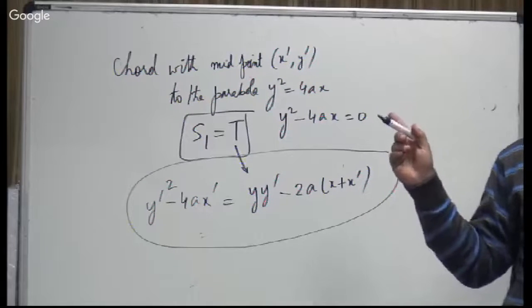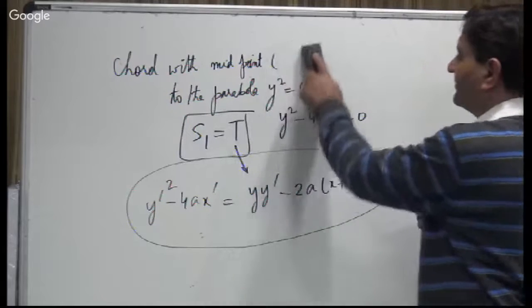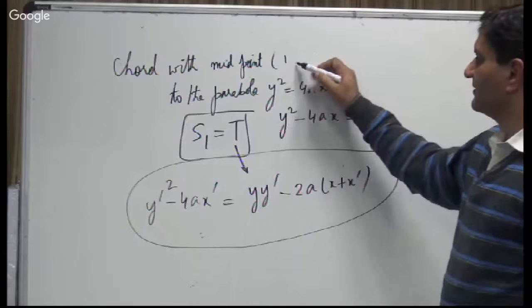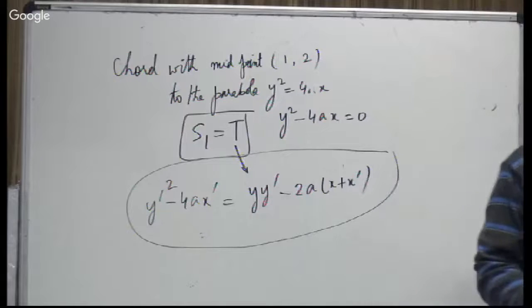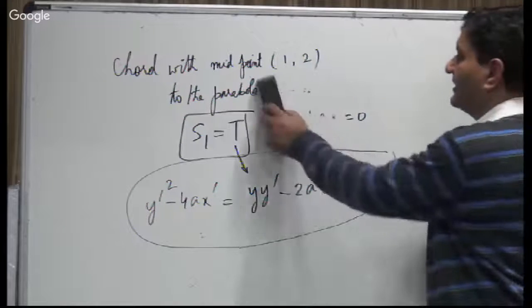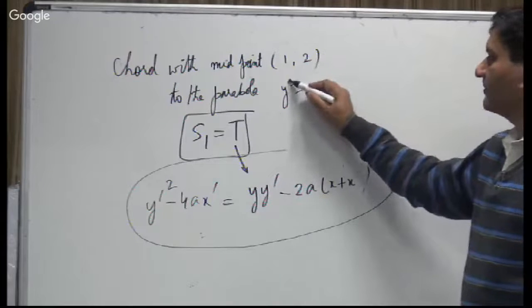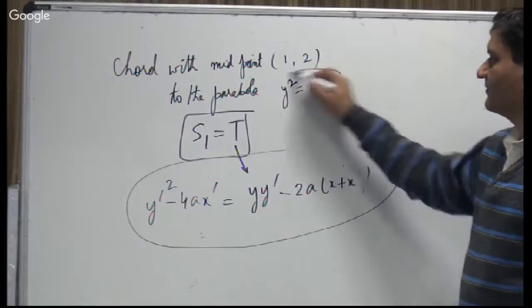This concept, for example, let us take the midpoint as 1, 2. 1, 2 is the midpoint, and the parabola you can take as y square equal to 12x.